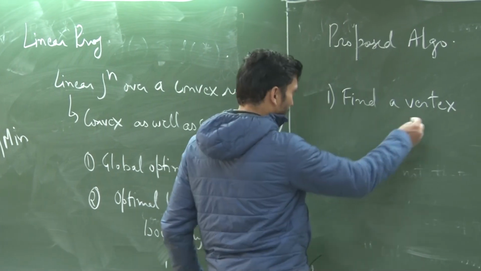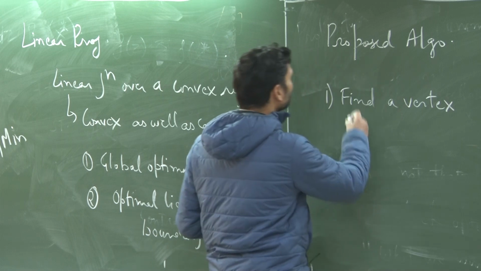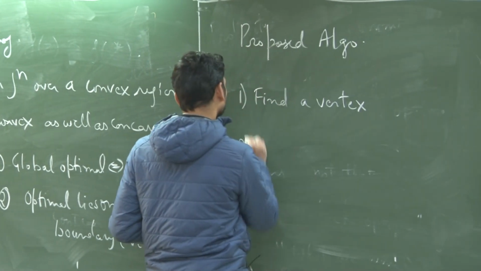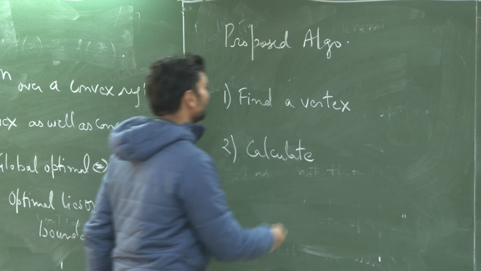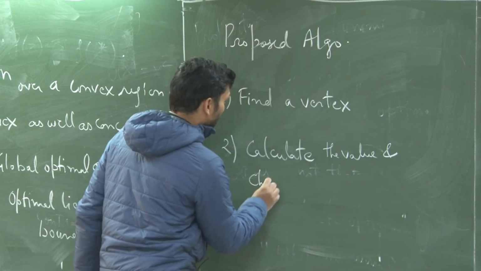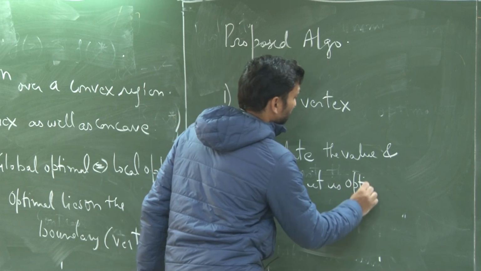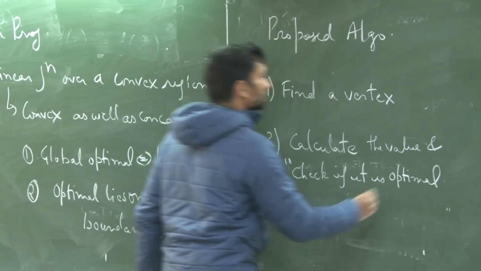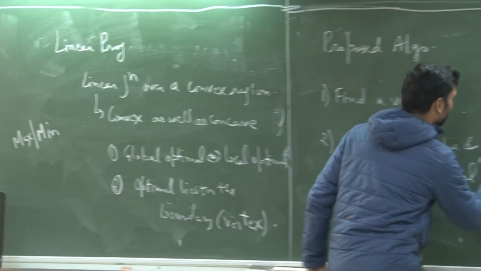The idea is find a vertex. I am not telling you how to. These things will become clearer from the next lecture. The proposed algorithm is find a vertex, calculate the value and check if it is optimal. Now, this is easy because of property 1.